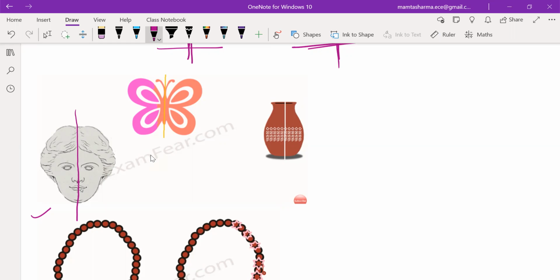So you could say that the human face is an example of a symmetrical figure. There is a symmetry in the human face. Ma'am, whole body also is a symmetry. Yes, you can say full body is symmetrical.